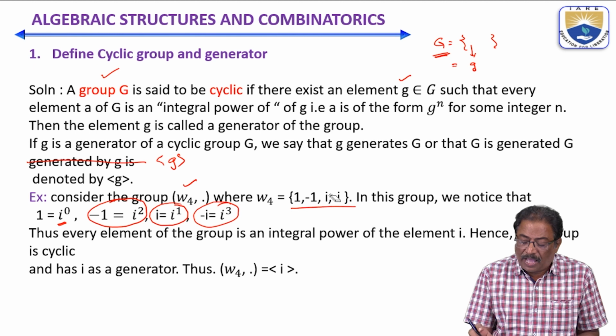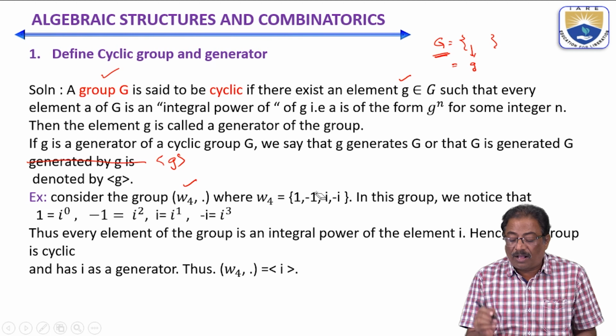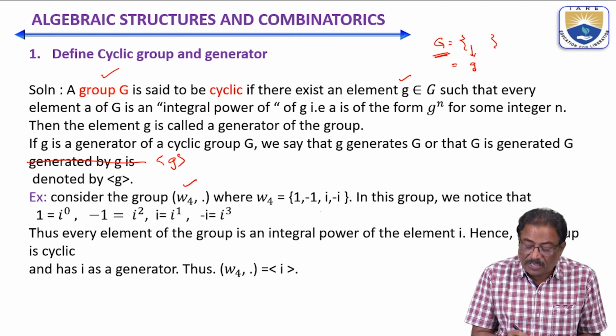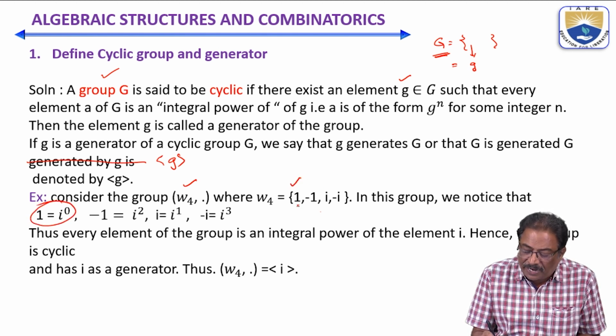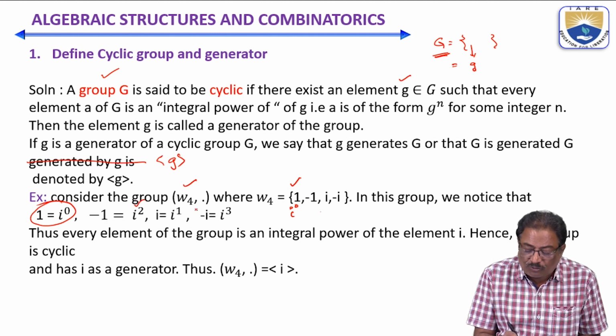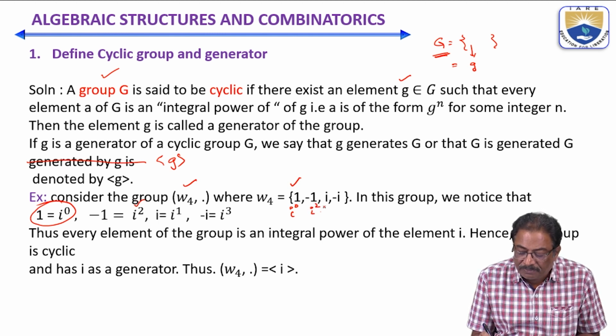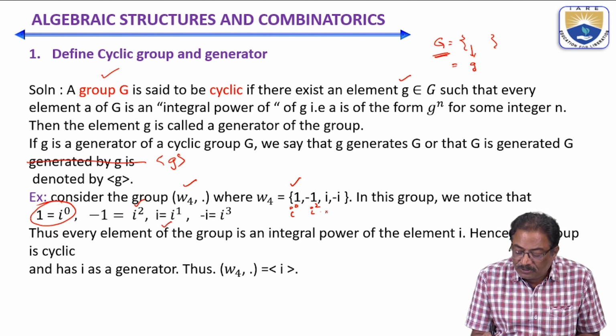Once again, I am going to take all the elements of W4 as integral powers of i. 1 is represented as i power 0. Minus 1 is represented as i squared. i is i power 1, and minus i is i power 3.